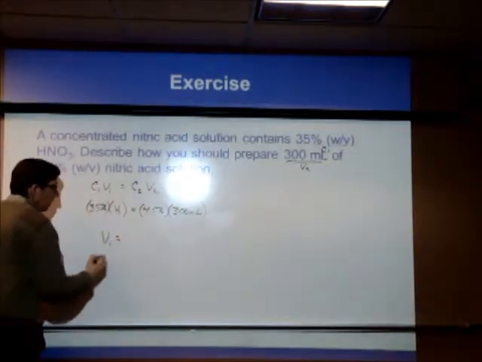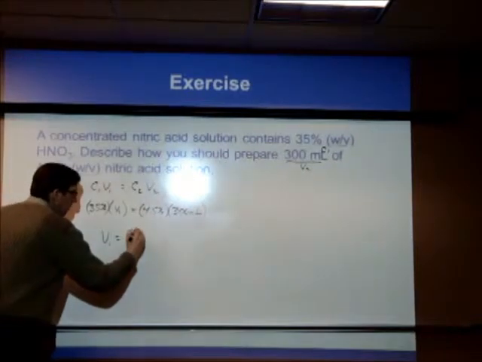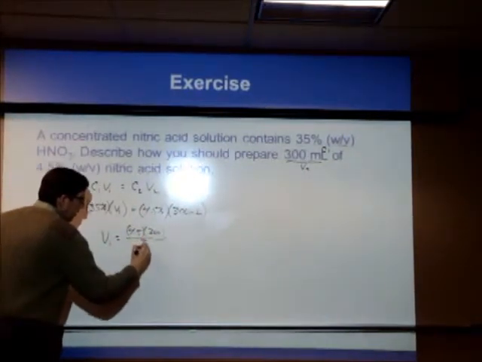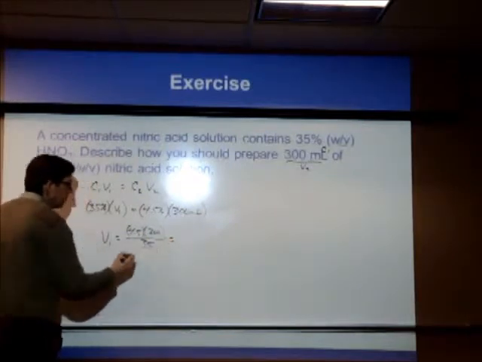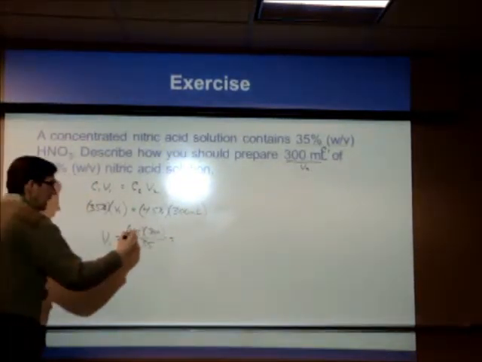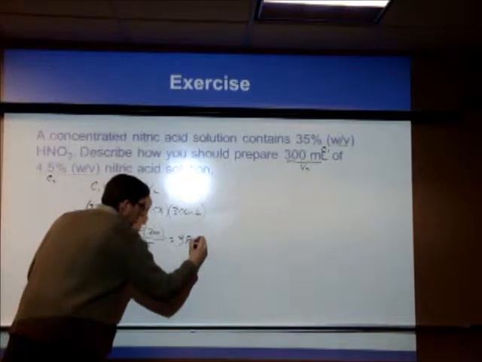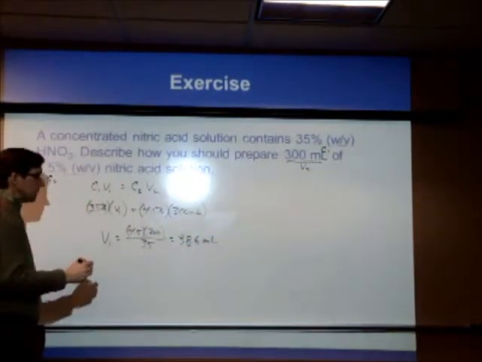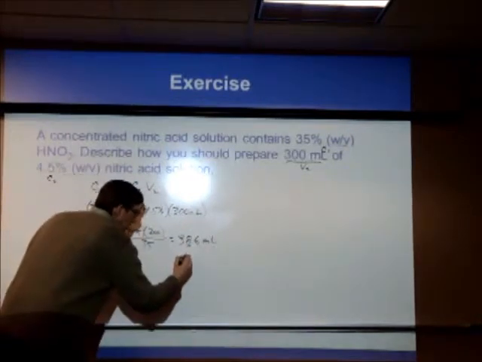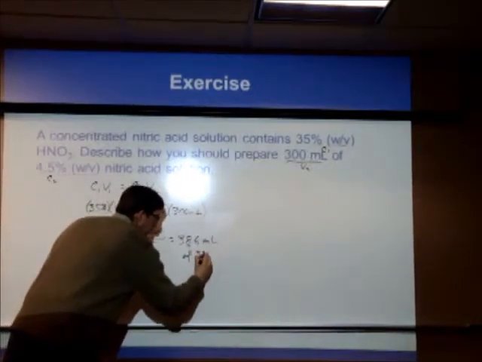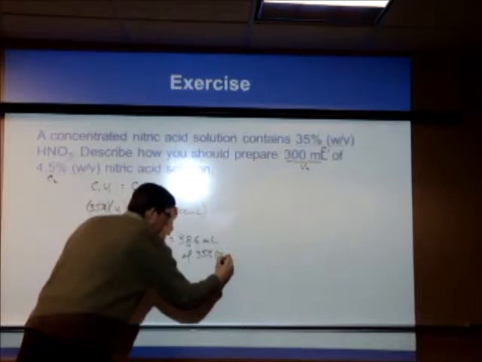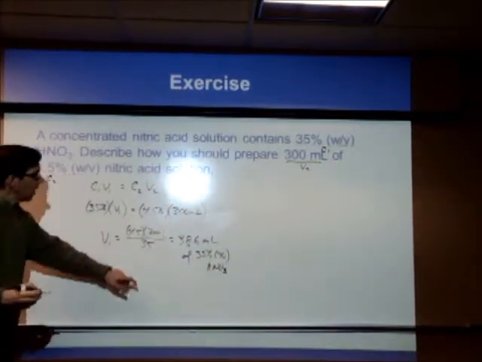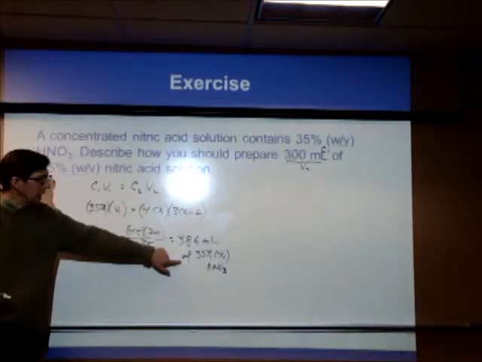Rearranging this, volume 1 is going to equal 4.5 times 300 divided by 35, and this turns out to be 38.6 milliliters. To be more specific, it's 38.6 milliliters of 35% weight per volume nitric acid. So that's how much of the concentrated I need.